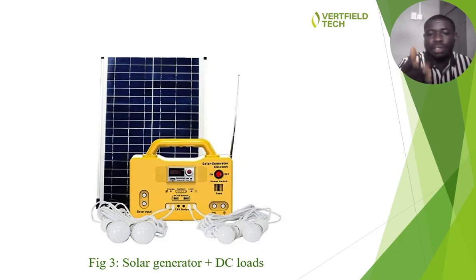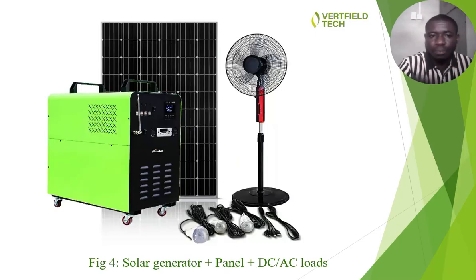All right, so with this particular one you can actually connect DC loads, and they are designed to power specific sizes of loads. If you exceed that load, this system will be in great trouble. Then you have a bigger size that can power more loads, your freezers, your iron, your air conditioners.